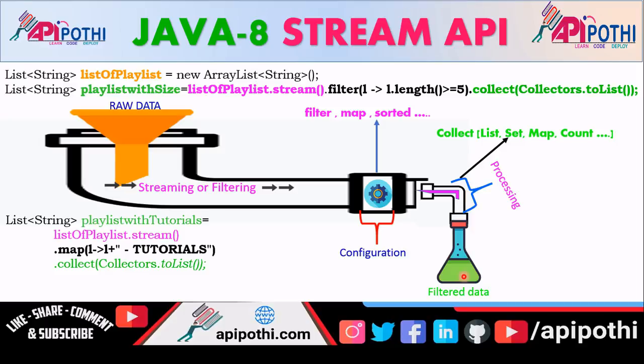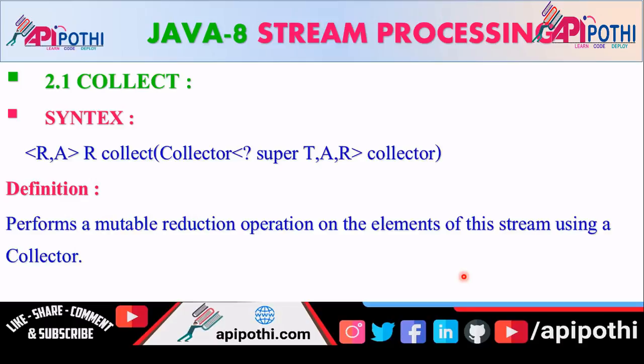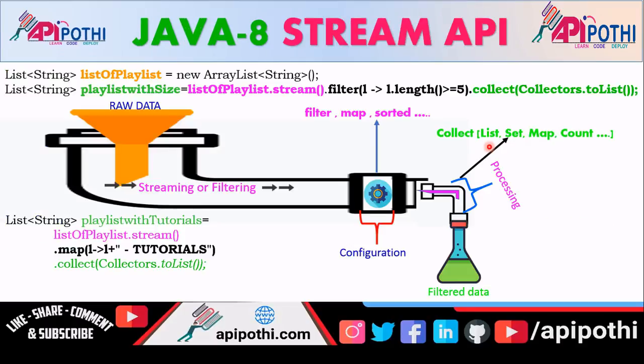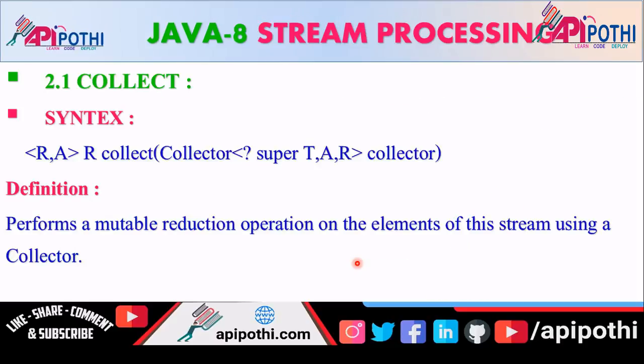So we have covered almost all the things. Again, all the methods we used till now are part of the configuration. Now what is the method inside the processing? Processing is the same method called collect. We use collect to collect where to put the data, which we already used: collect, Collectors.toList, toSet, toMap.